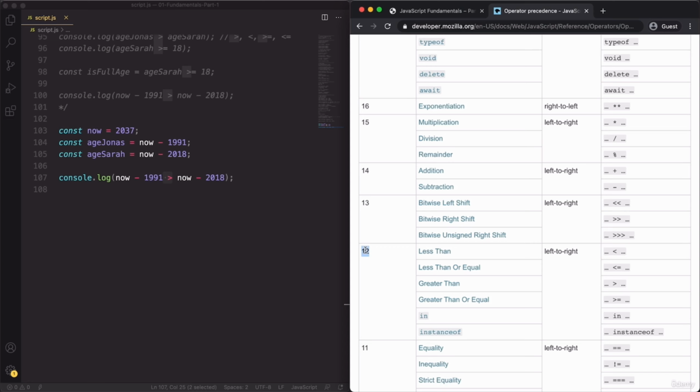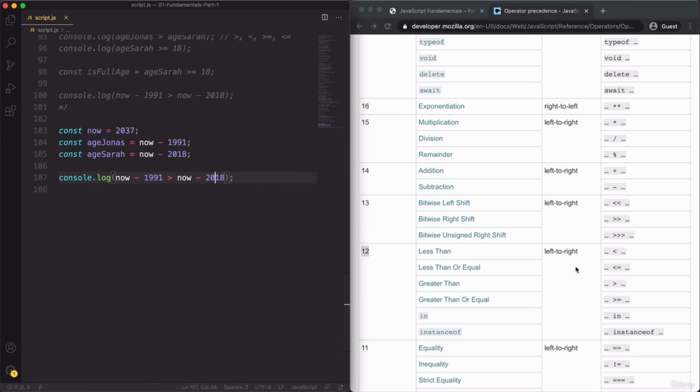And of course, you don't need to know any of these precedence numbers. Okay, don't worry about that. It doesn't matter. No one knows these. You just have to have a general idea of which operators are executed first. Usually all the math operators are executed before the comparison operators, for example, because that makes sense. And with this, we explain why this kind of comparison that we have here works.